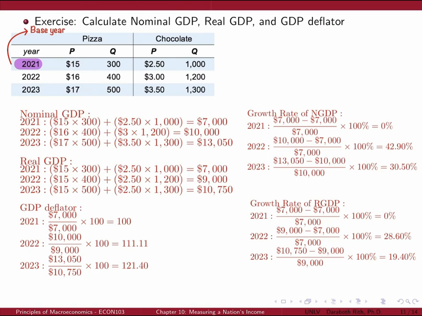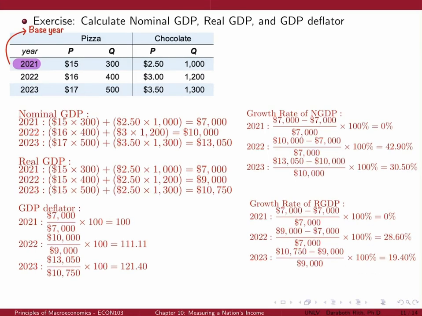Real GDP, so you take $15 times 500 plus $2.50 times 1,300. That equals $10,750. So real GDP for 2021, 2022, and 2023 are $7,000, $9,000, and $10,750, respectively.